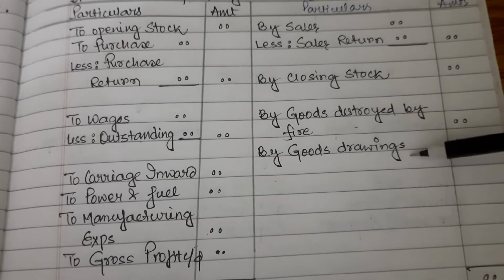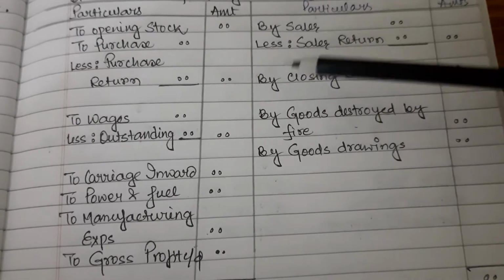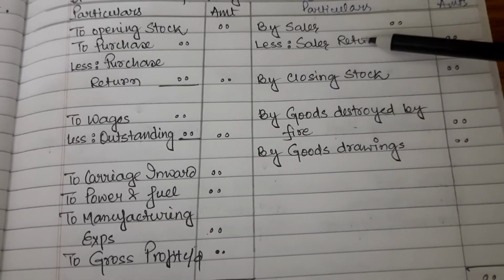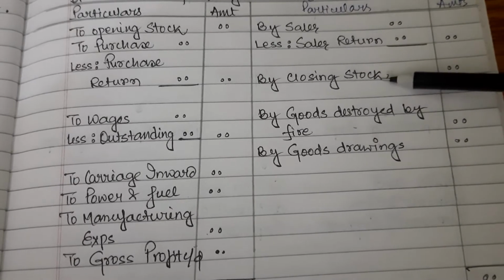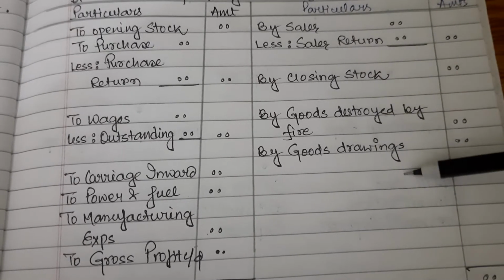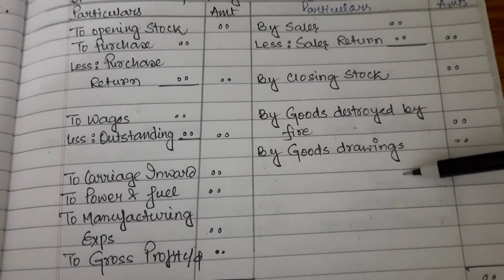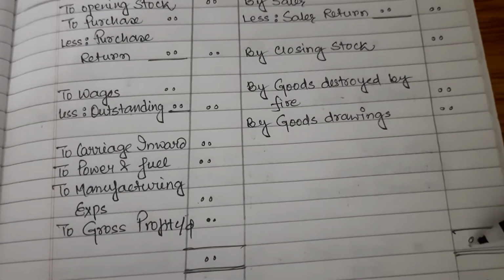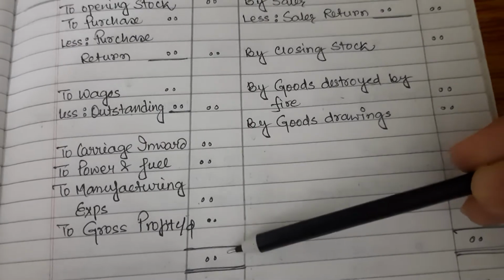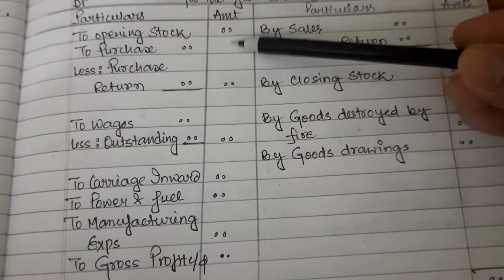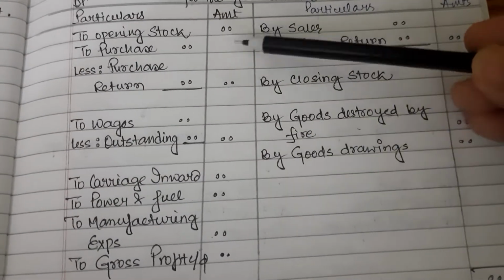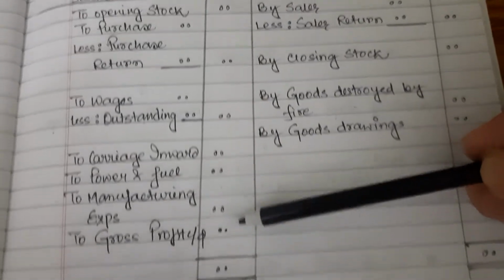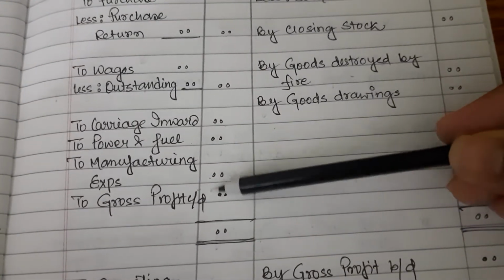So these are to be clarified: some part has been sold, some is lying unsold, some destroyed, and some taken away by the owner. Now if you add the credit side, get that total in debit side, and deduct all these, because these all are expenses, you will get your gross profit.